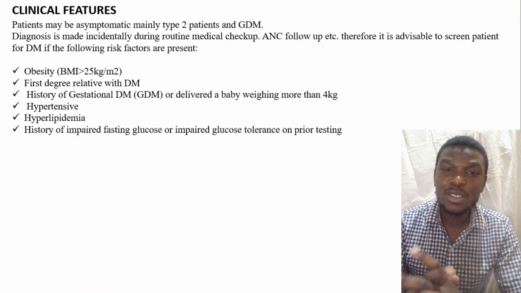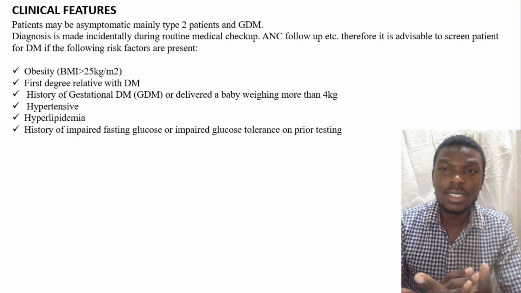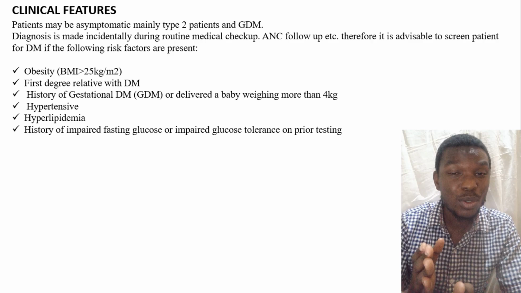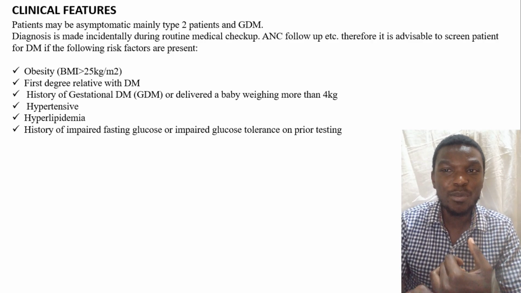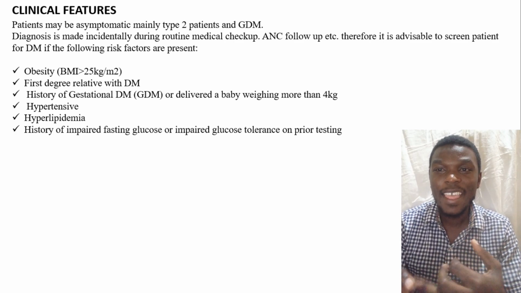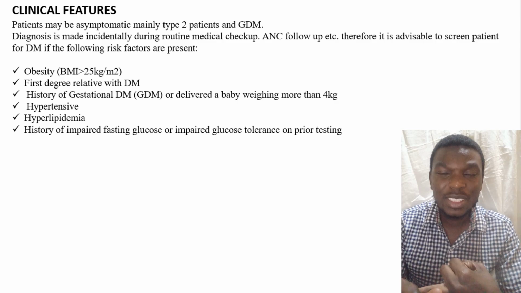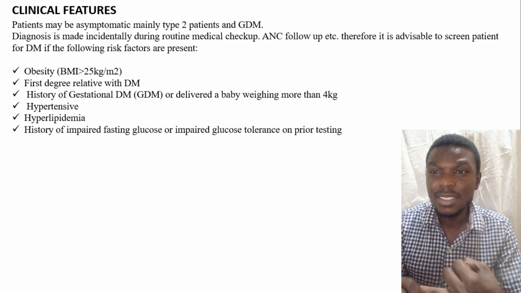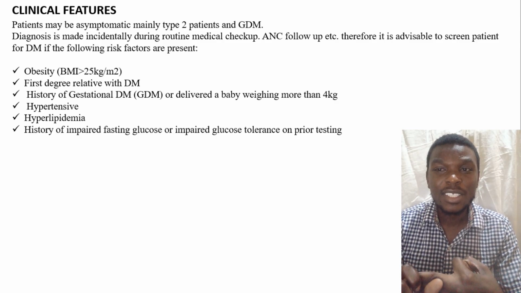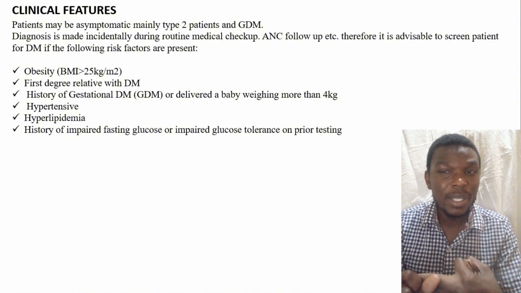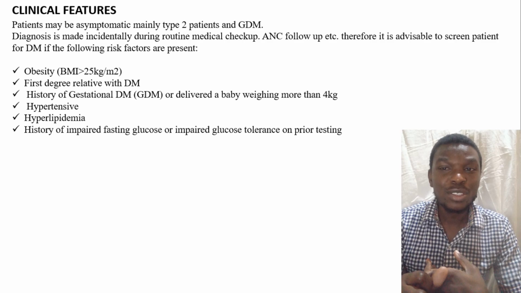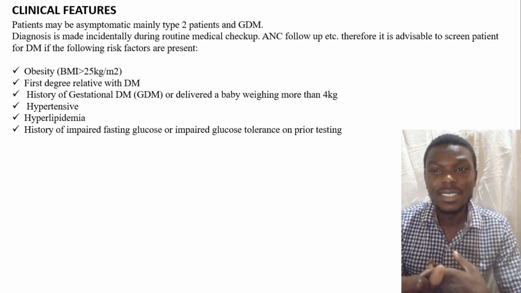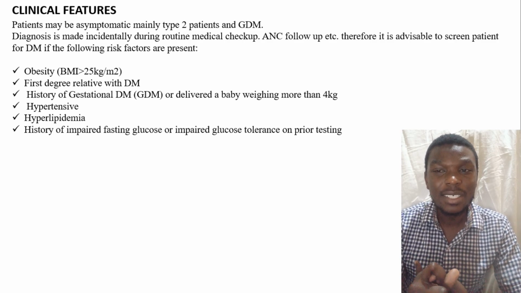So the clinical features of these patients that are obese, that have type 2 diabetes: they are obese with a BMI of more than 25 kg per meter squared. They have a first degree relative who has diabetes, or a history of gestational diabetes in women. Then they also may have hypertension, hyperlipidemia.